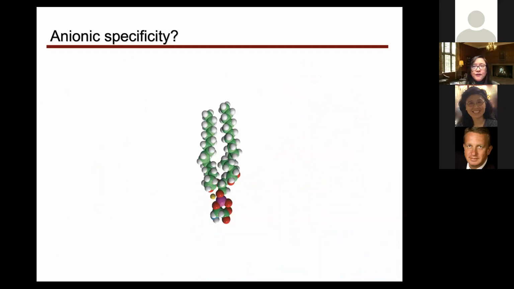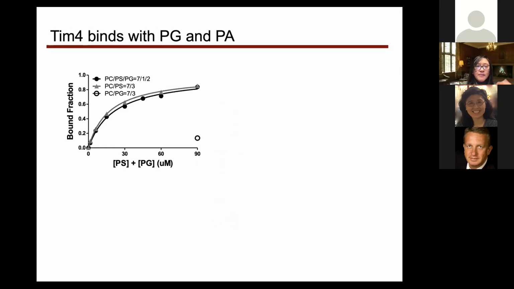Okay, so one final point of interest is that we talk about PS as the one that is flipped out, but is that very specific to PS, or does this interaction have some nuances? Is it just electrostatic, or is there specific lipid recognition? What we have done is, instead of just PS, we have titrated in other negatively charged lipids.